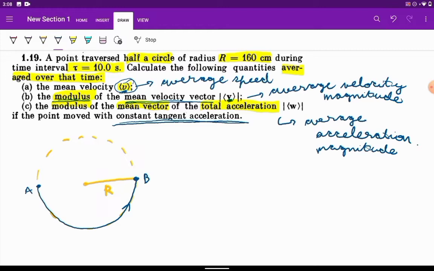Now, first of all, A, the mean velocity. I will calculate everything in terms of tau and capital R. You can substitute the values and get the final value in terms of centimeters per second. I'll just do it in terms of the variables. The mean velocity, actually I should call it the average speed, sorry for that. The average speed is basically the total distance divided by the time taken.